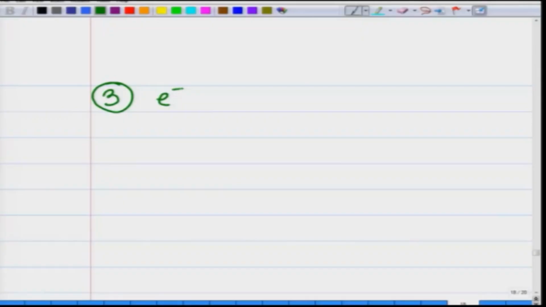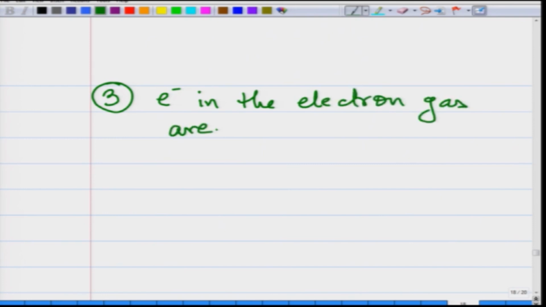The third assumption, and which is quite a drastic assumption, is that these electrons in the electron gas are free electrons, namely they are non-interacting electrons.